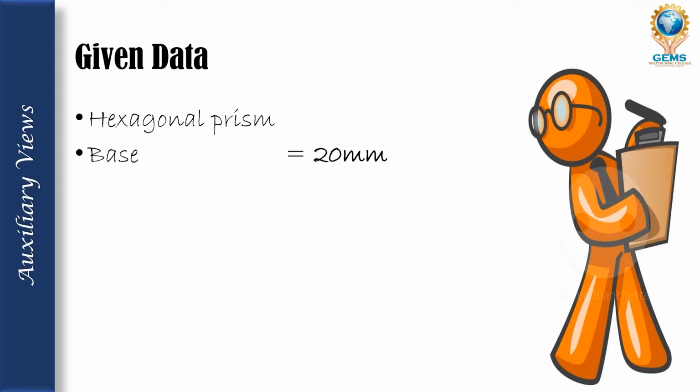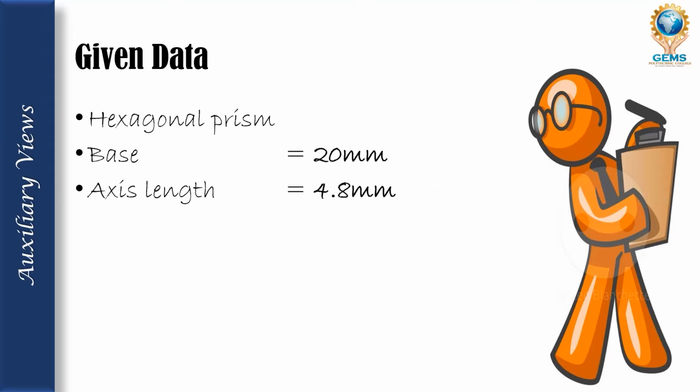First we are going to draw the hexagonal prism, and in that hexagonal prism, the base must be 20 mm. Each and every side is called the base. Hexagonal means 6 sides, so all 6 sides must be 20 mm.